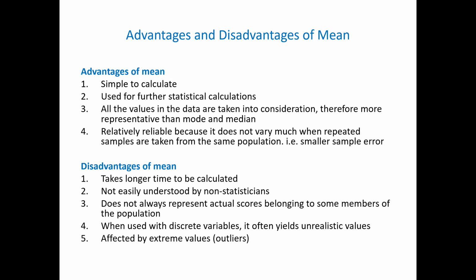So just know the mean. These are the advantages and disadvantages. I will not waste my time with all this because they are very simple to calculate. The mean is used for further statistical calculation. Mean is the most useful when it comes to advanced statistics. Let me tell you something about statistics. Once you can understand the logic behind the mean and standard deviation, and your sample size, you discover that advanced statistics is very simple.